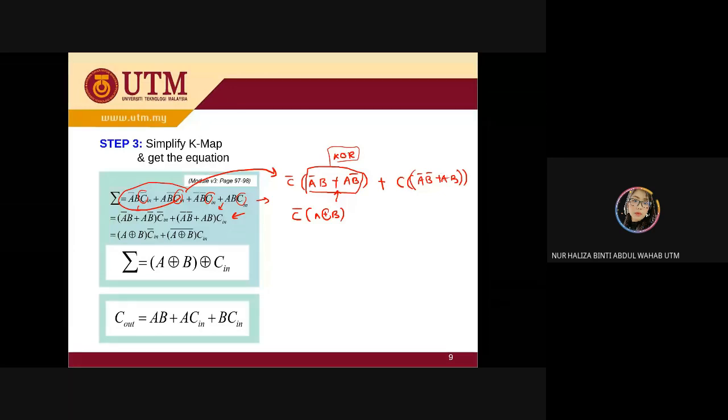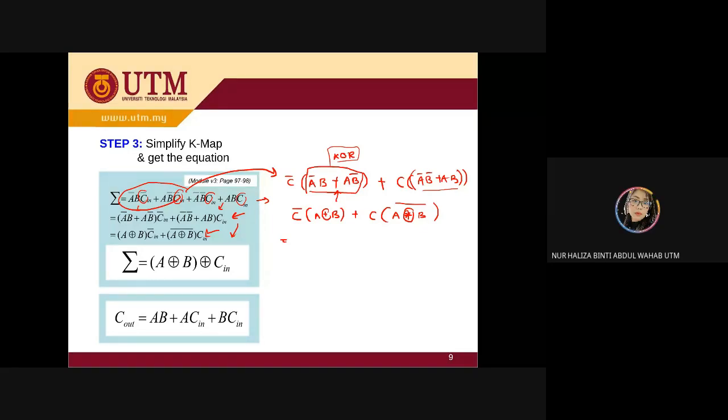If you still remember this part, it is exclusive NOR. Check back your module 1 and 3. If you have A bar B bar plus AB, it is exclusive NOR. So you have C, A exclusive NOR B. So there is a bar over here at this side. This is the derivation for you to get the simplified.